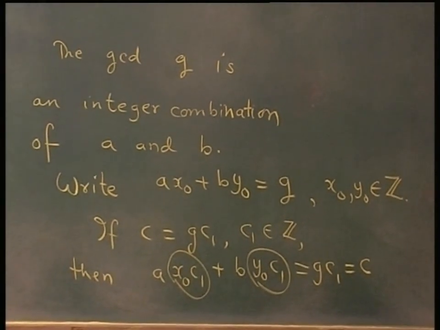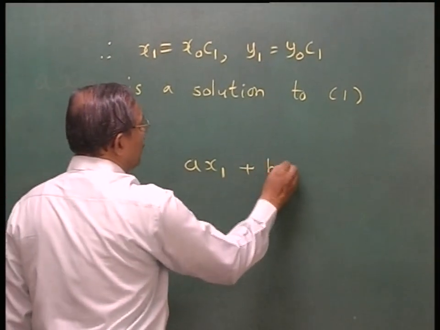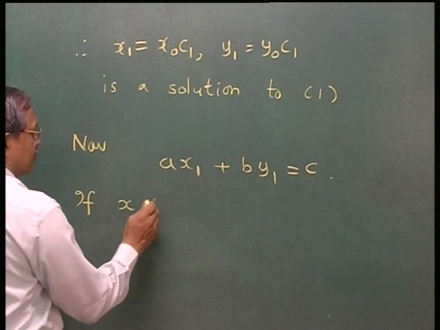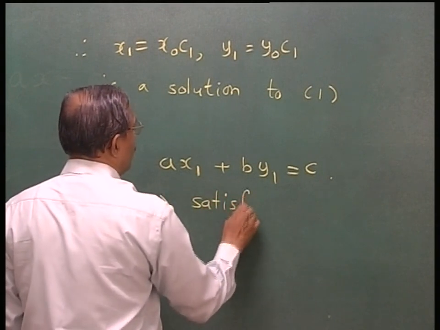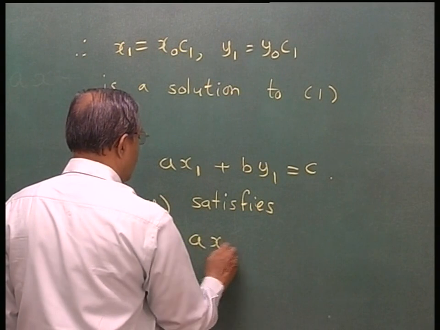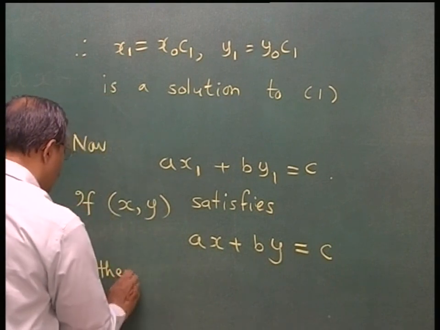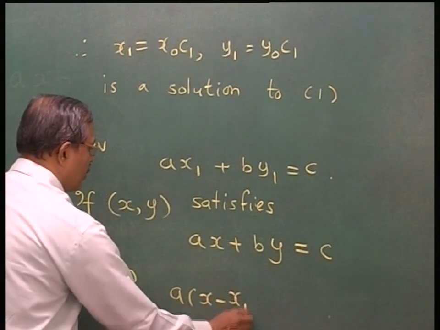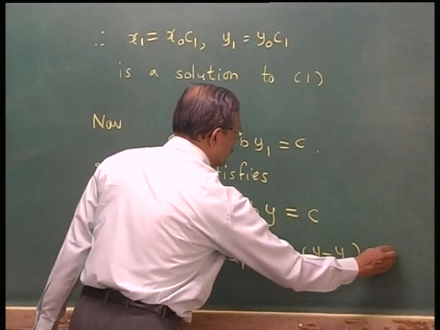Now suppose there is any other solution. Now A x1 plus B y1 equal to C. If x, y satisfies Ax plus By equal to C, then you take the difference: A times (x minus x1) plus B times (y minus y1) equal to 0.